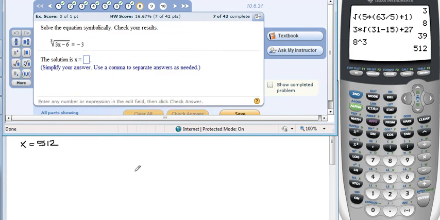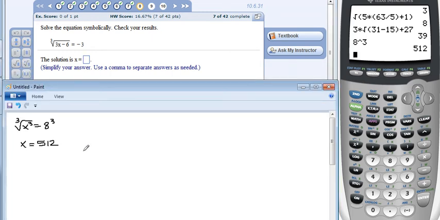All right. So here we go again. Same stuff. We have our radical isolated, right? So we're going to cube both sides to get rid of it. Cube root of a cube is itself, so that all comes out, which is so nice. Negative 3 cubed should be a negative 27.